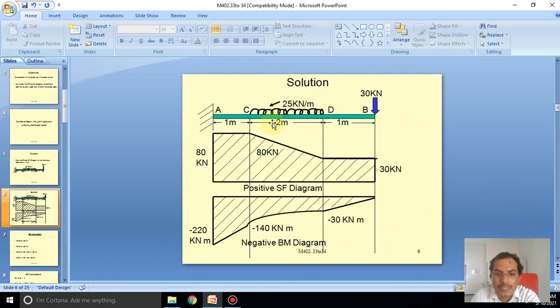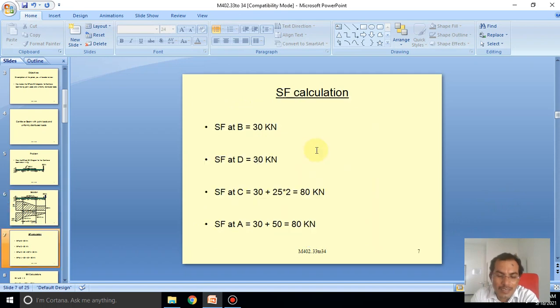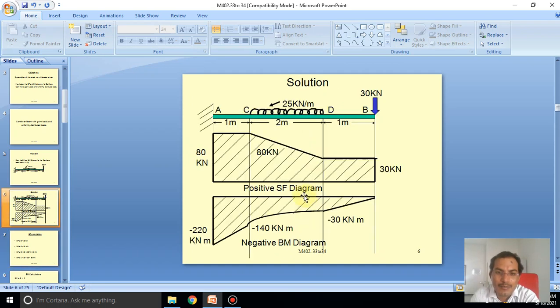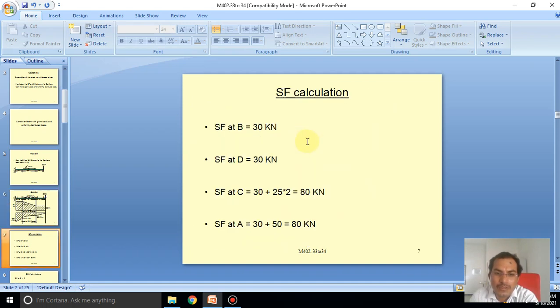So 25 into 2 at the C point: load into length, we already have that formula. At the point here, 30 plus 25 into 2.